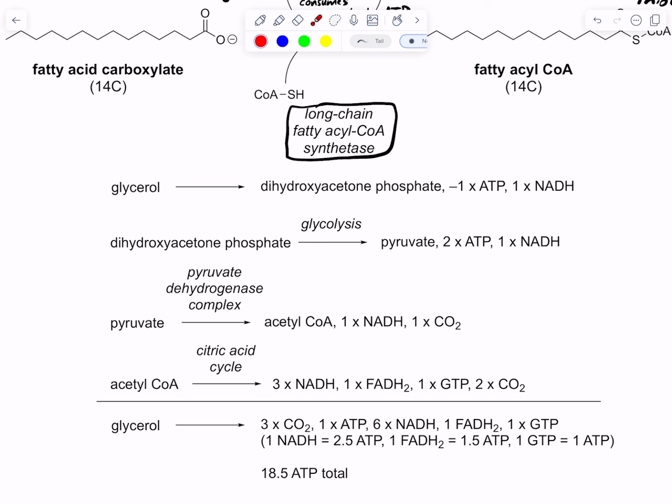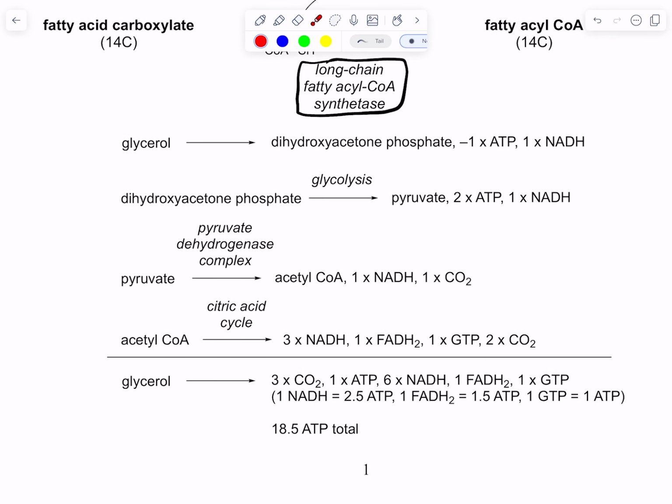So if you add all of this together, the process of glycerol going to 3 CO2s generates 2 ATP minus 1 ATP, so that's just 1 ATP. 1, 2, 3, 6 NADHs, 1 FADH2, 1 GTP, and with these assumptions that we've already talked about, that's 18.5 ATP molecules.